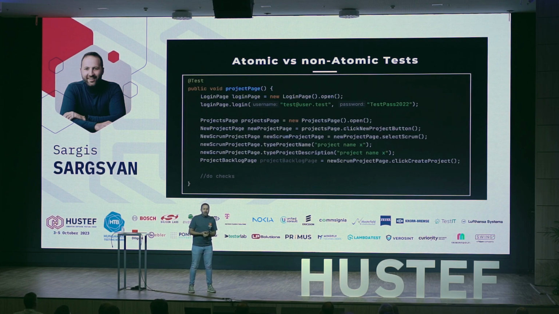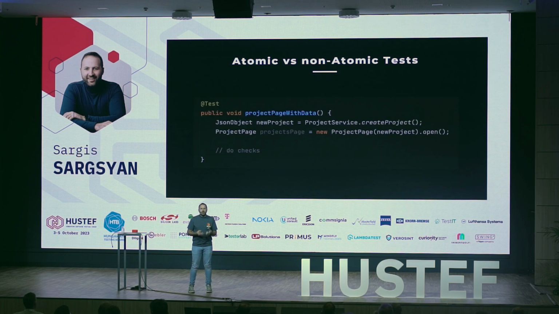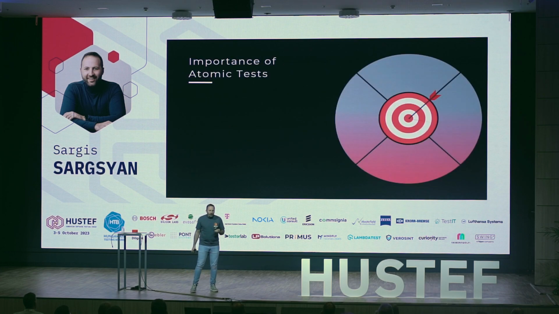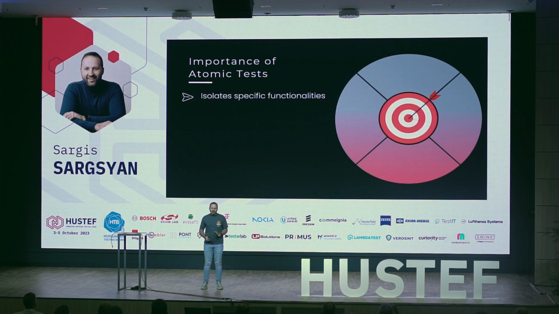By the end of the presentation, we should convert this test to this one, because it's easy enough to do. We need to do some checks in the project detail page, not in the flow of logging in or something like that. The importance is isolating the functionality and parallel testing.